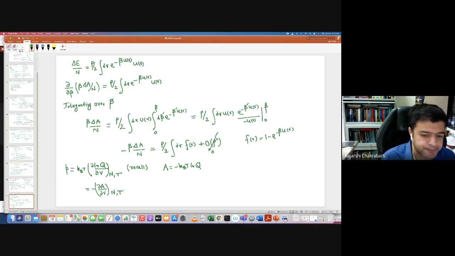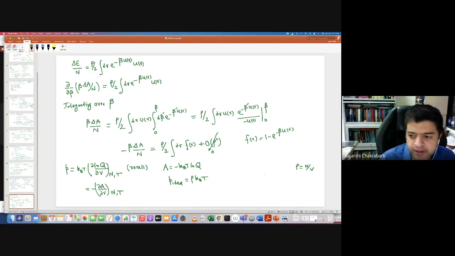The pressure is like that. What is P ideal? P ideal is ρkBT, no? Ideal gas equation. ρ is n/V.